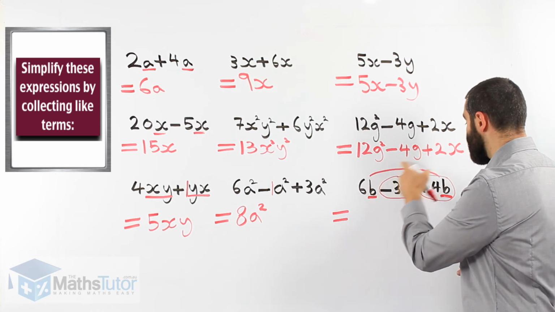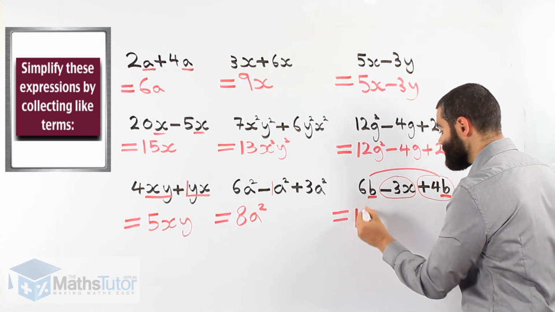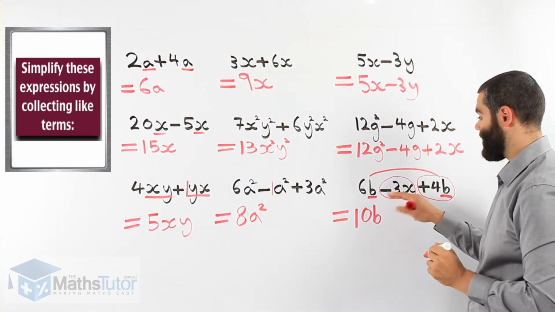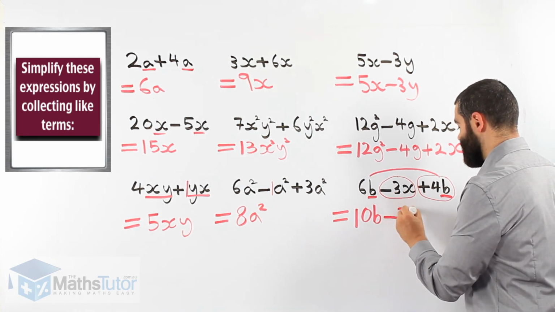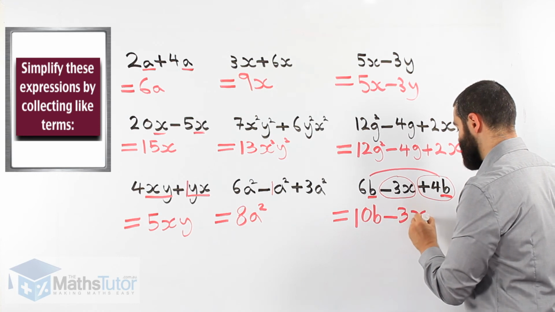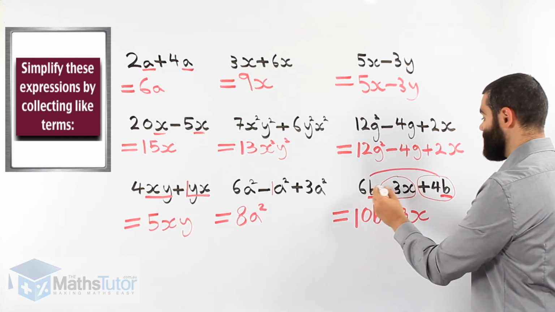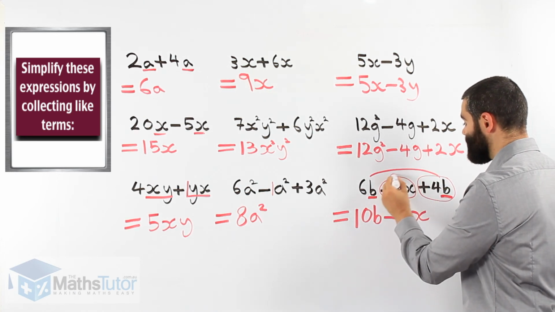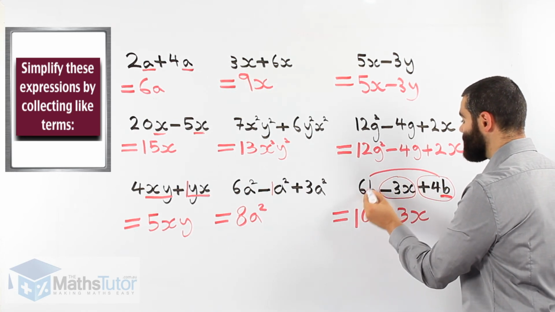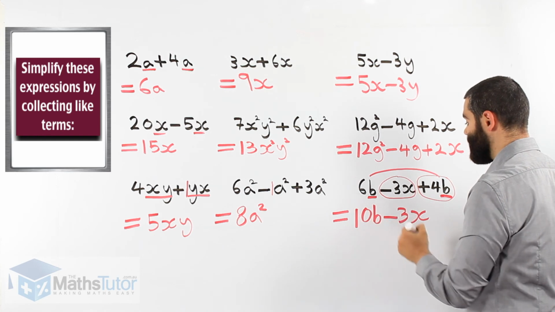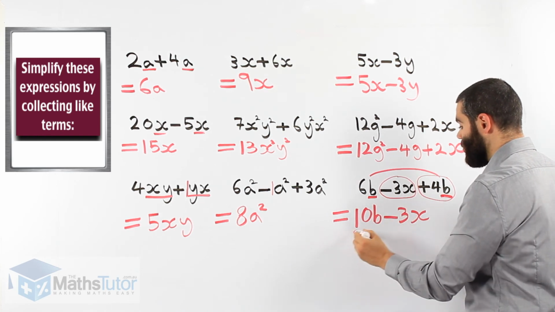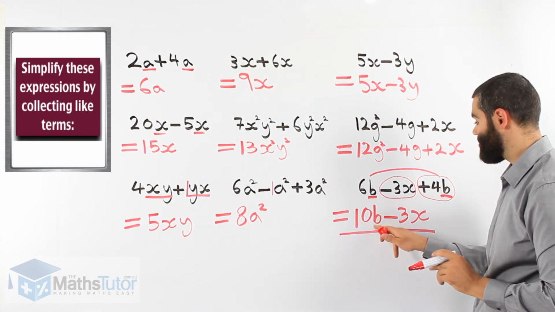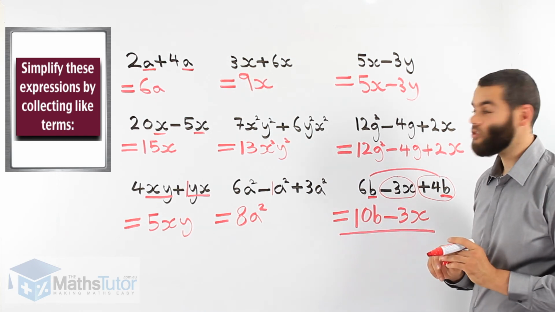So 6b plus 4b, 10b, and minus 3x. The plus belongs to the 4b, that minus belongs to the 3x. So 6b plus 4b is 10b, take away 3x. We can't solve it any further. We can't simplify any further because these are not like terms.